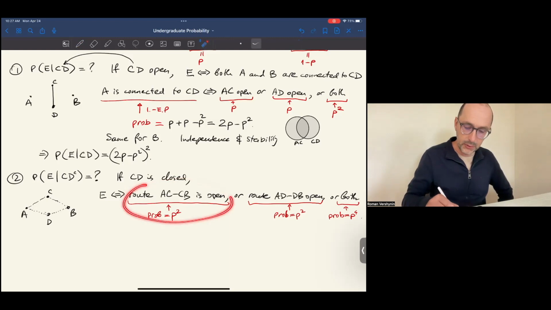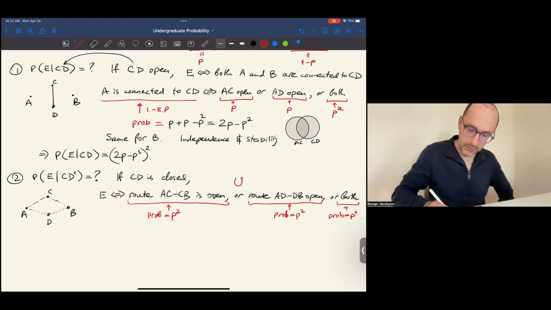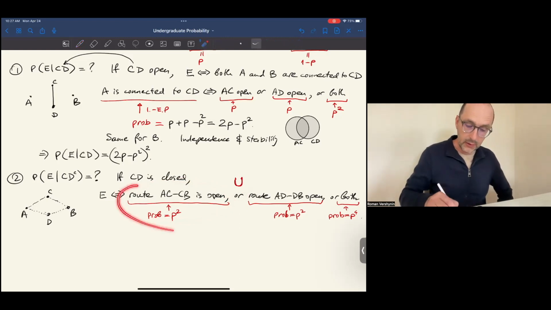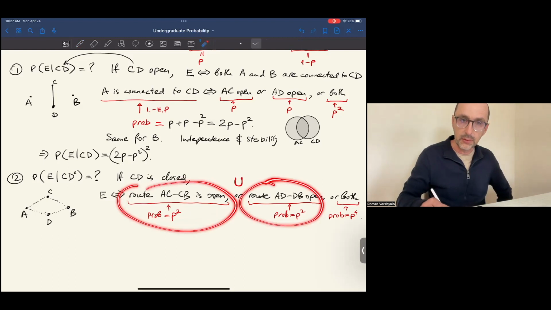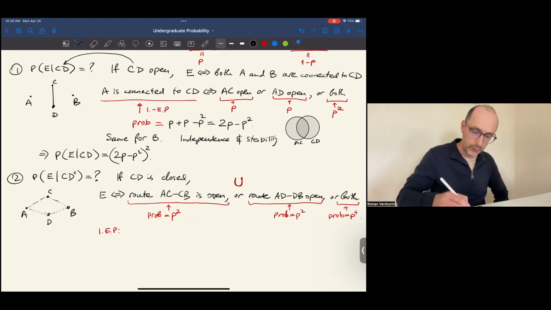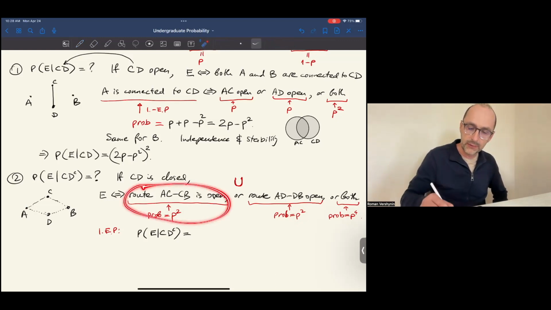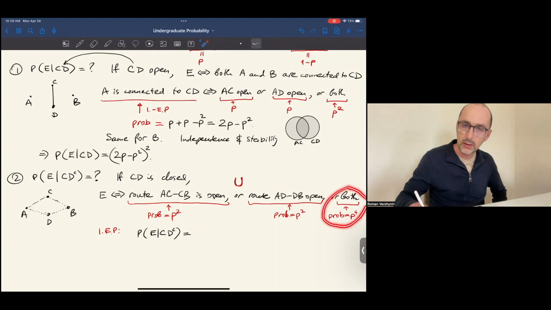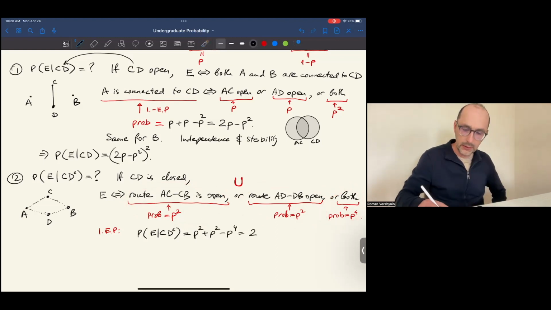Now, to compute the probability of the union, which is what the operation OR stands for, we will use again the inclusion-exclusion principle for these two events. So the probability will be the probability of one event, P squared, plus the probability of the other event, P squared, minus the probability of their intersection, which is P to the fourth. And that's 2P squared minus P to the fourth.